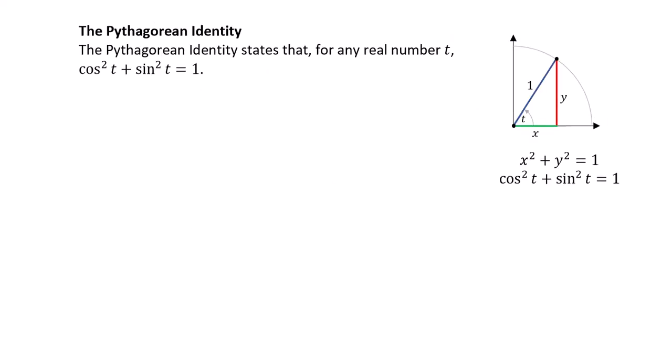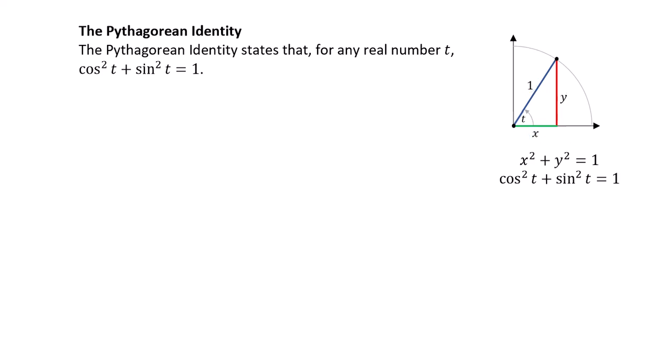The Pythagorean identity. Now, you're familiar with the Pythagorean theorem. The Pythagorean theorem says that squaring the legs of a right triangle and then adding them is going to be equal to the square of the hypotenuse.